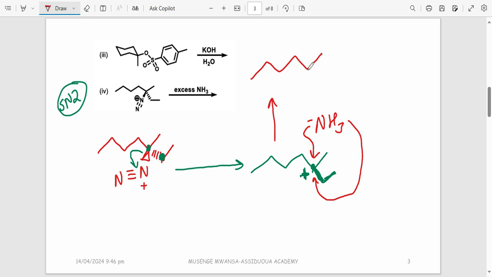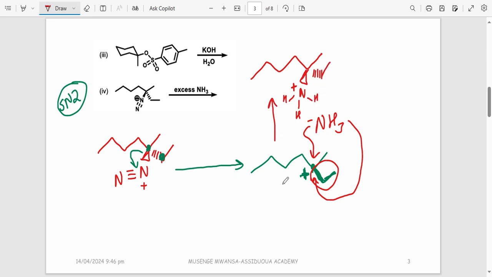If it attacks from the front, we are going to see it like this. So I've got nitrogen. Remember, this nitrogen has three hydrogens. Now when nitrogen has four bonds, it's going to have a positive charge. The other group is now going to be at the back, like that.